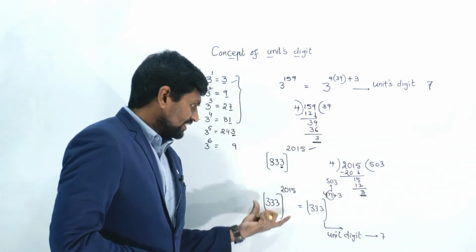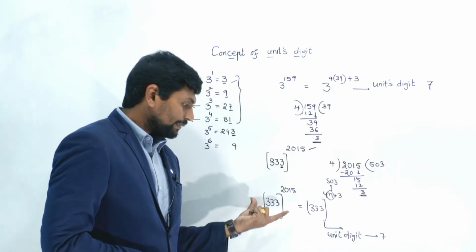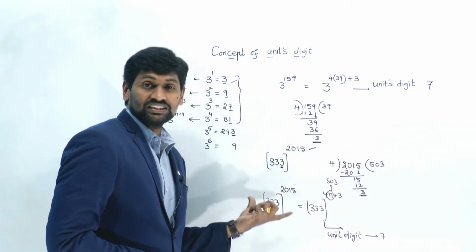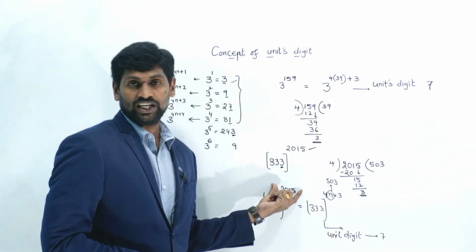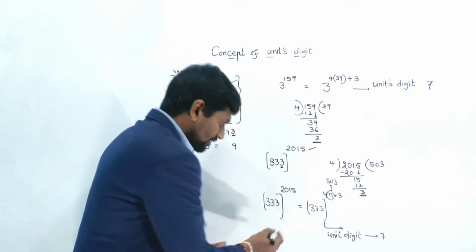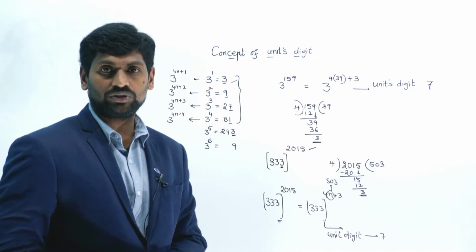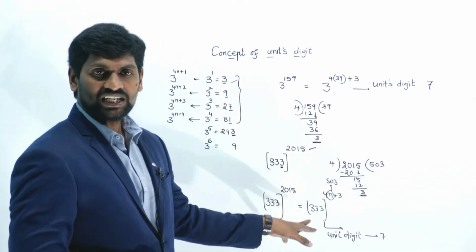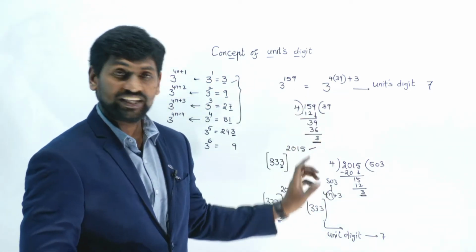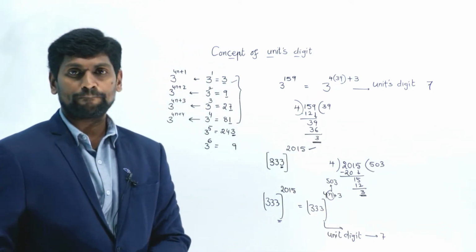So for multiplying 3 into itself 2015 times, it is very difficult for us. So we can apply the concept of cyclicity to identify the units place digit like this.